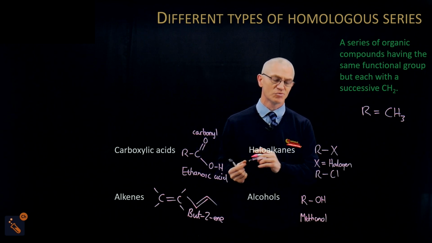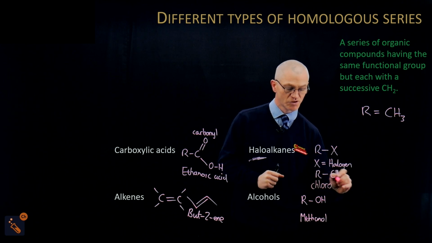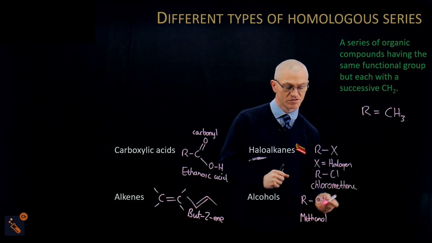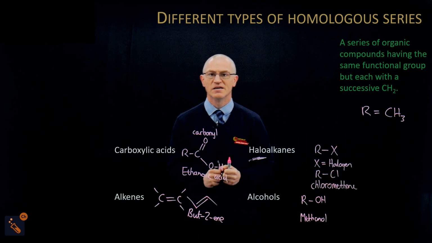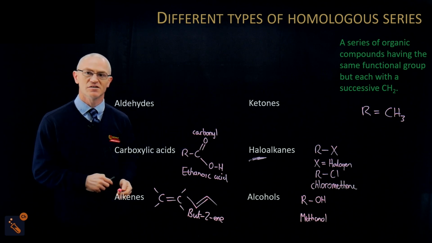Okay, so it's written as a prefix. So this would be called chloro. And because our R is CH3, it would be chloromethane. Because the chlorine just comes off this CH3. Now again, this is only an introduction, so do not worry. We're going to go over this in much more detail in other videos.